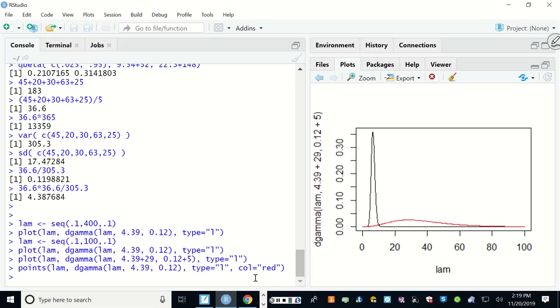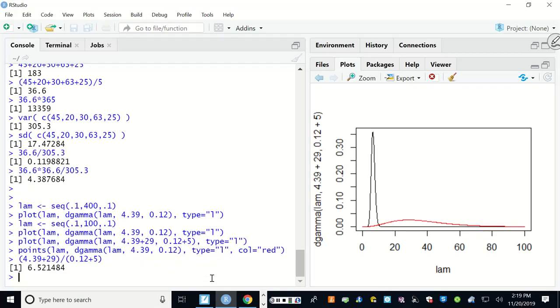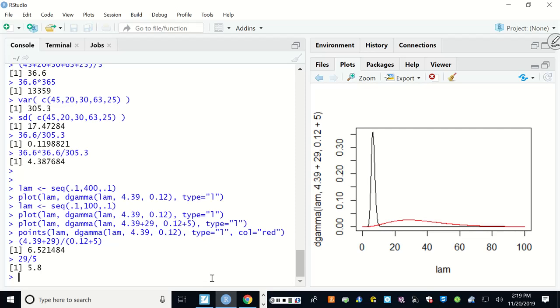And the mean, 4.39 plus 29 over alpha over beta, 0.2 plus 5, is 6.52. The actual observed average of just those 5 days, 29 over 5, is 5.8, but our posterior average is a little bit higher because it incorporates your prior opinion.